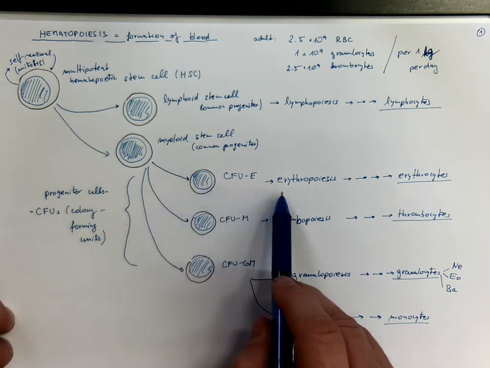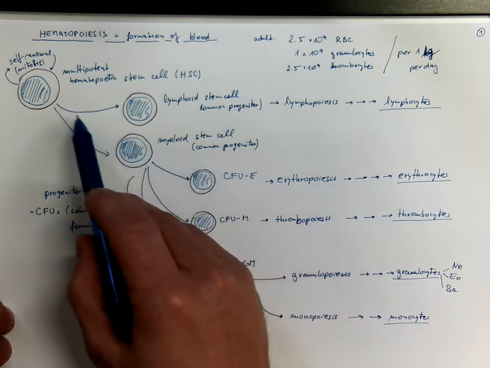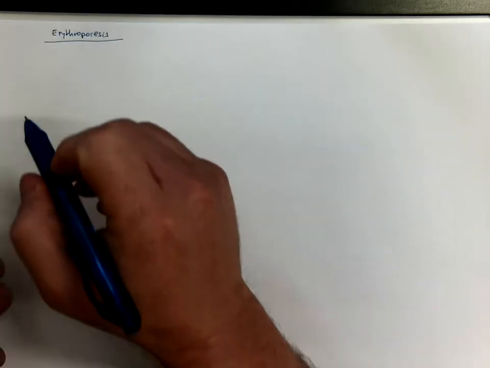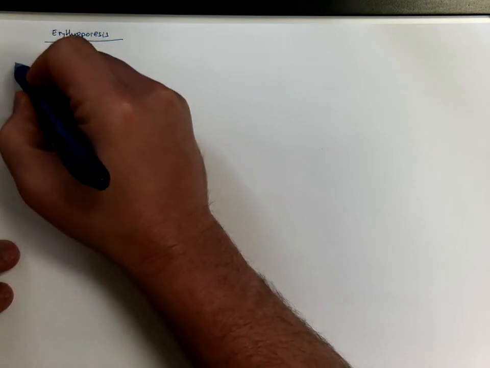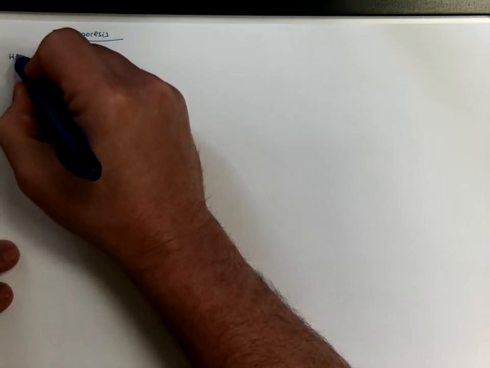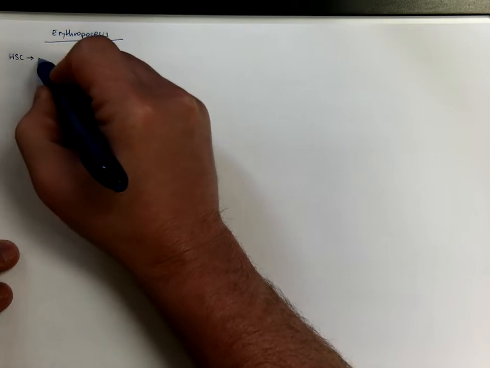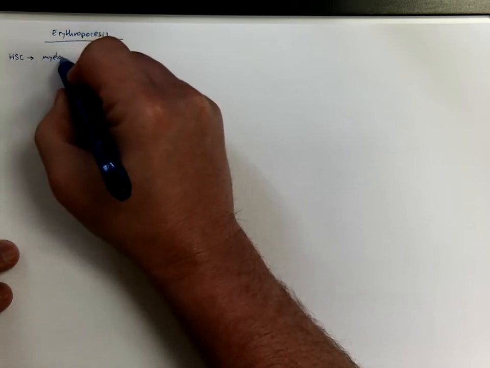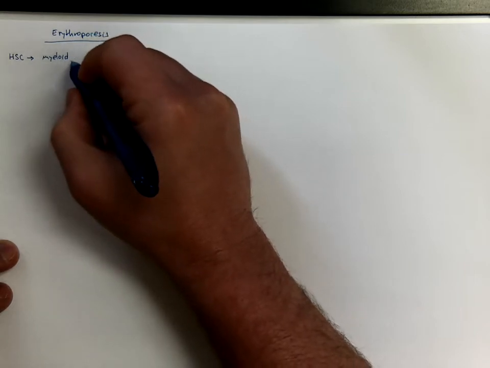So let's follow this erythropoiesis line. The erythropoiesis starts with the hematopoietic stem cell. The next stage is the myeloid common progenitor.